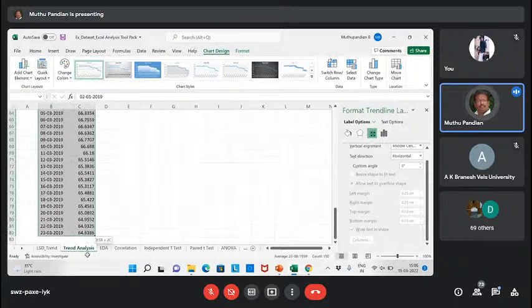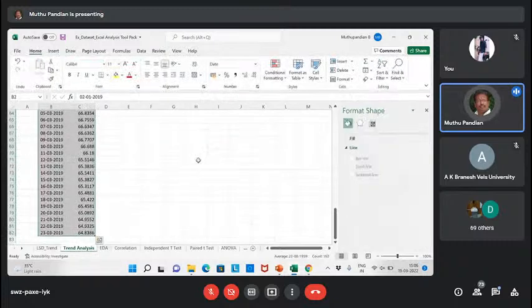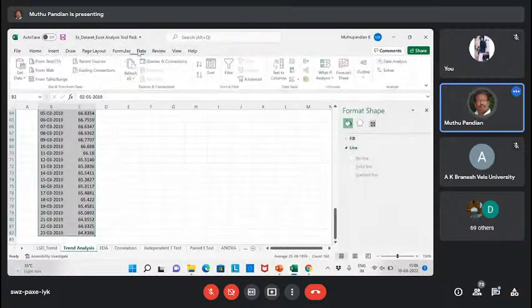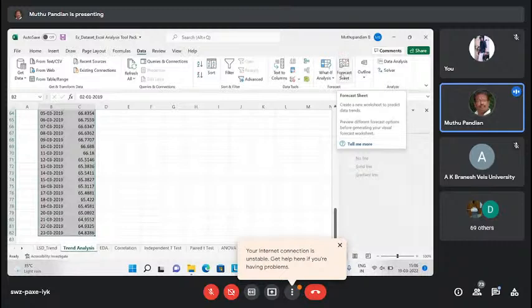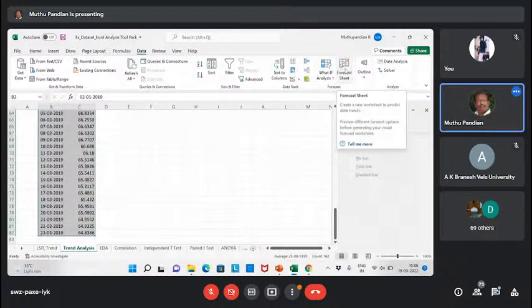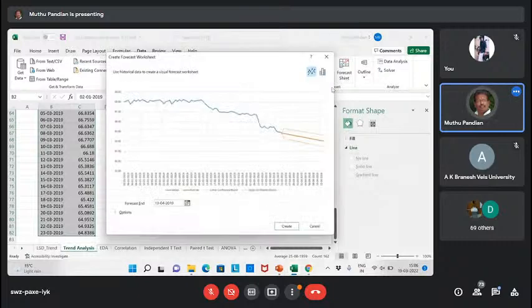Forecasting is available after the 2016 version of Excel. If you have the 2016 version or above, only then will forecasting be possible; otherwise the forecast sheet is not available. So I can click forecast. Are you able to see my forecast here?